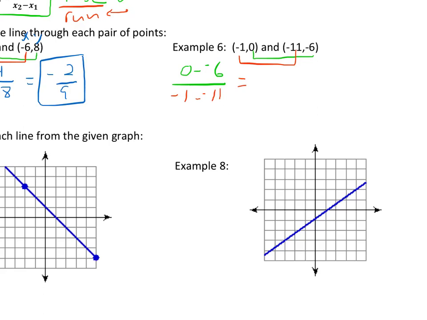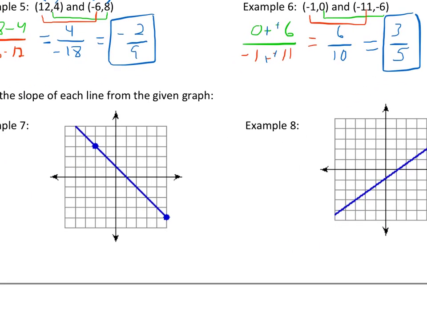When we do that calculation, 0 minus negative 6 becomes plus, so it's a positive 6. Negative 1 minus negative again becomes plus, so it becomes negative 1 plus 11, so 10. We reduce that, and we get 3/5 for slope.